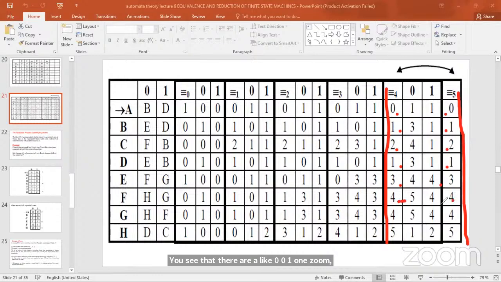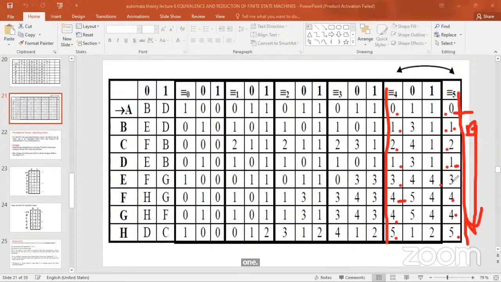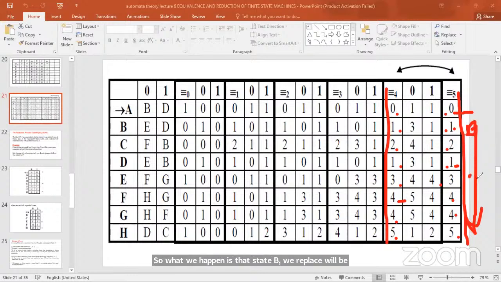So they are all the same in their columns, right? Now what we look out for is which of these equivalents is the same. This is 0. You look down, is there any other 0? No. Now, this is 1. There's another 1 here. So state B will replace state D.